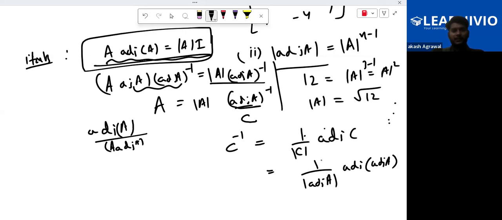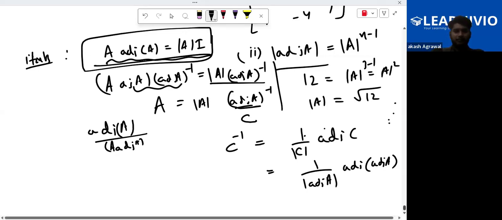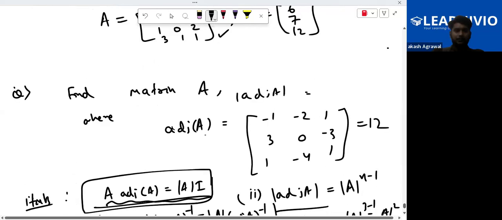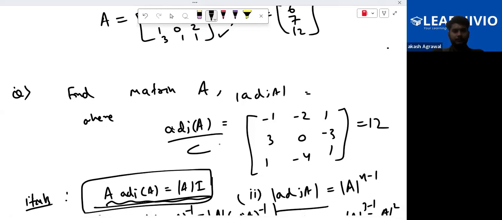So can you guys find adjoint of A? Just name the matrix something else. Let's say this is C matrix. Okay, can you guys find C inverse? Yes or no? Yes or no, everyone? Yes, sir.